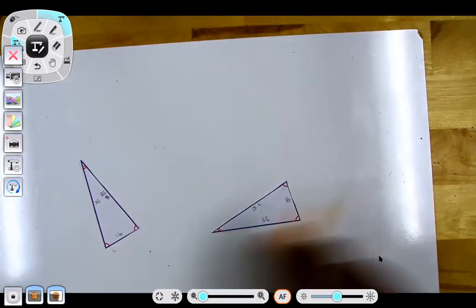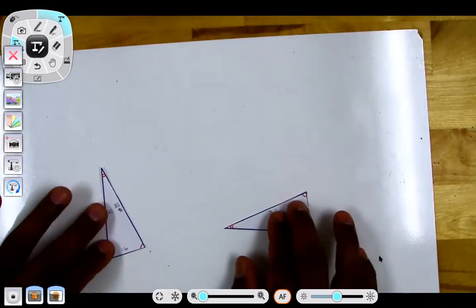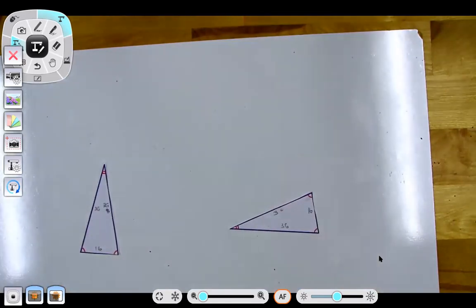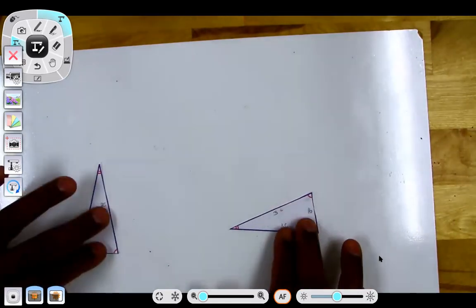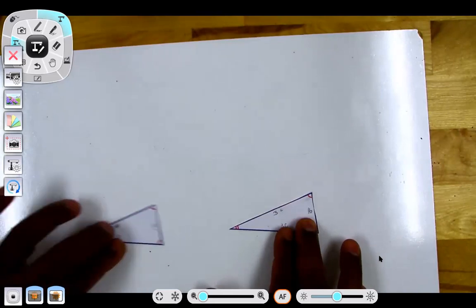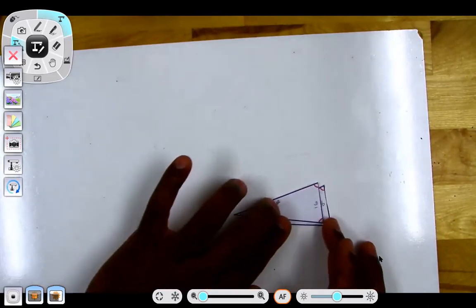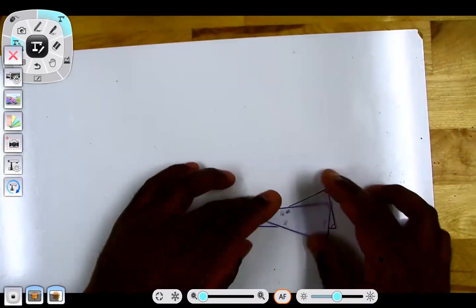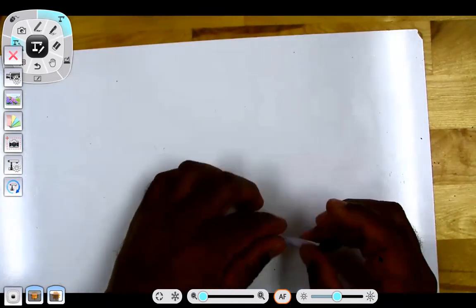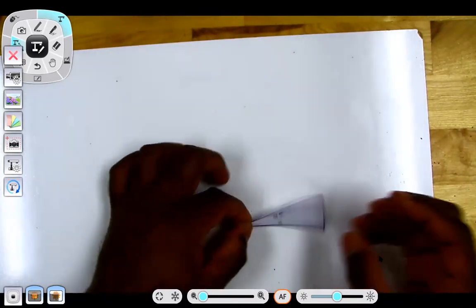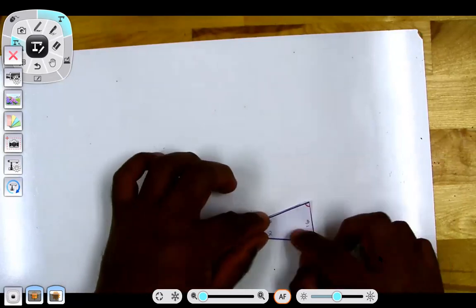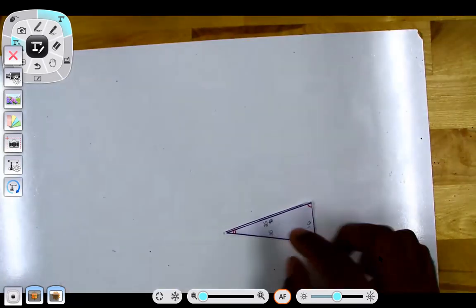All right. Now, what can I do? I can rotate this and move it on top of it and see what happens if it fits exactly on top of it. If you look at it, it fits exactly on top of it.